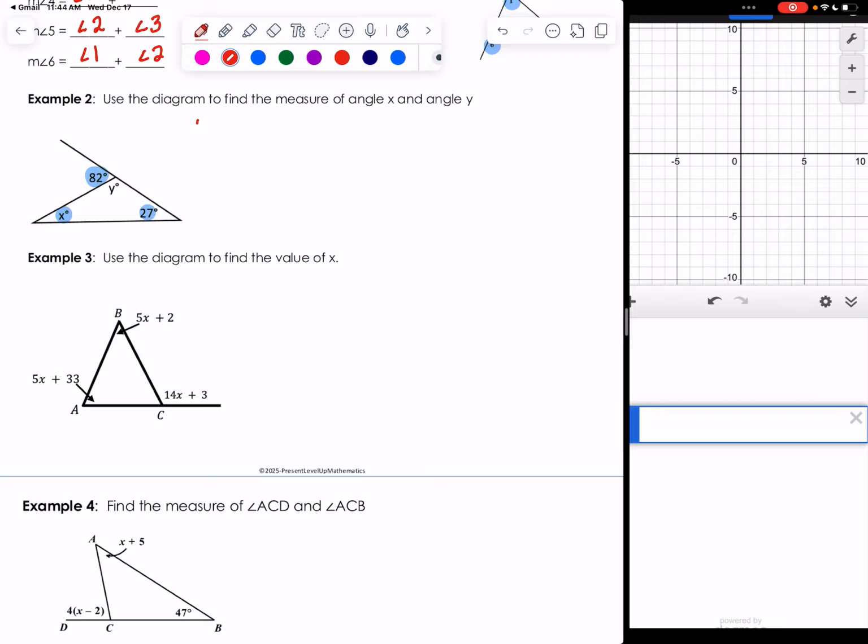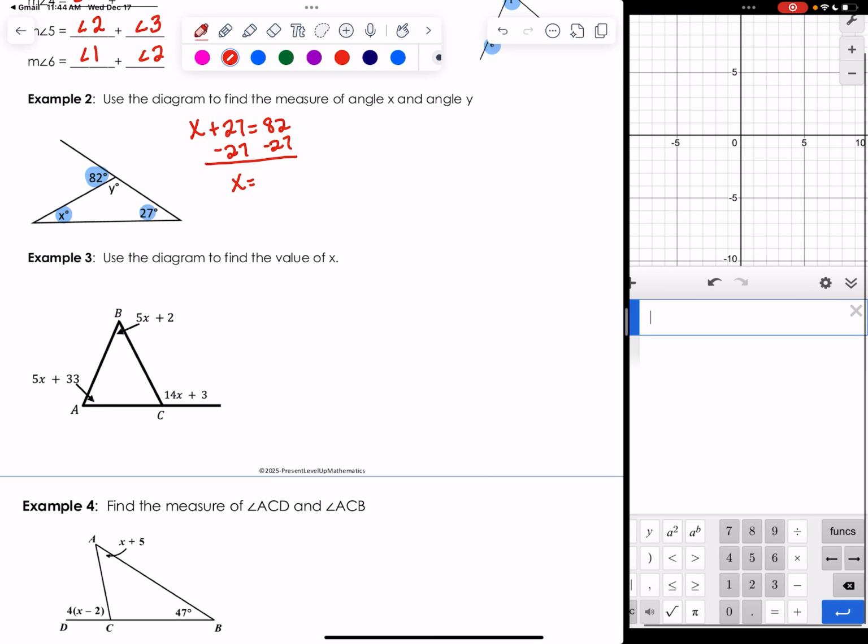So the measure of angle X plus 27 degrees would equal 82 degrees. I can solve that for X by subtracting 27 from both sides. So X equals 82 minus 27, which gives me 55 degrees.